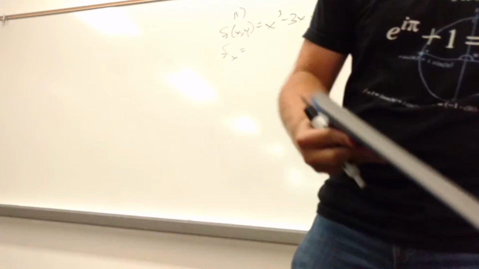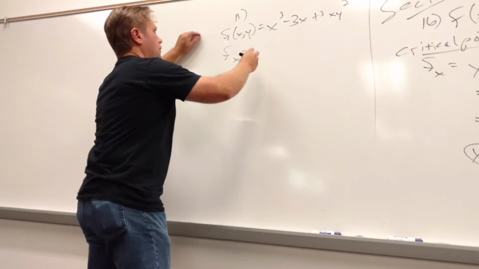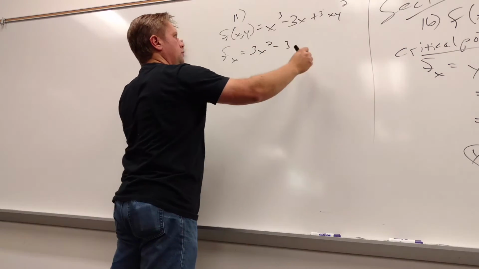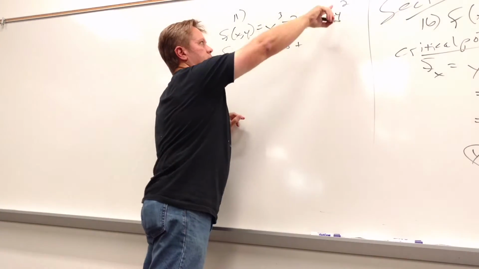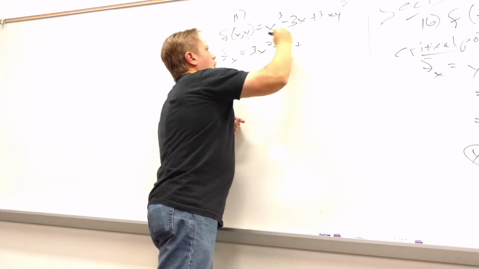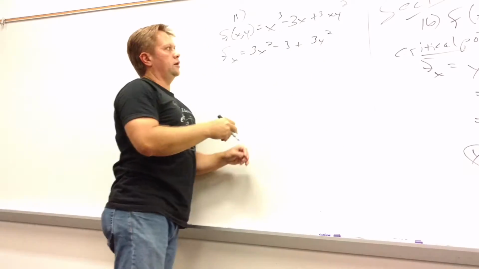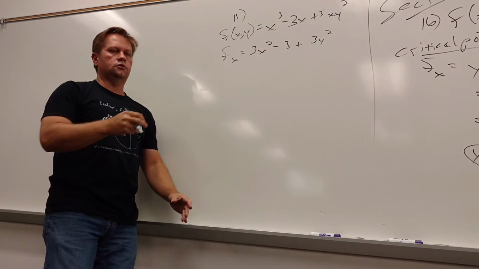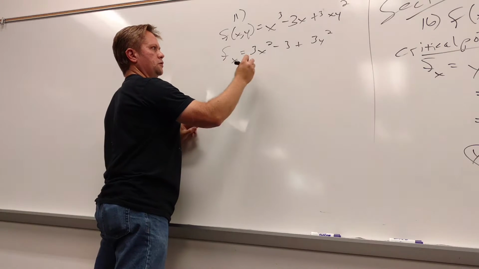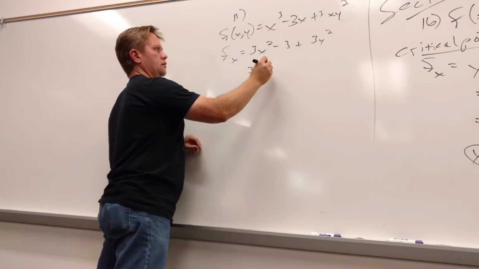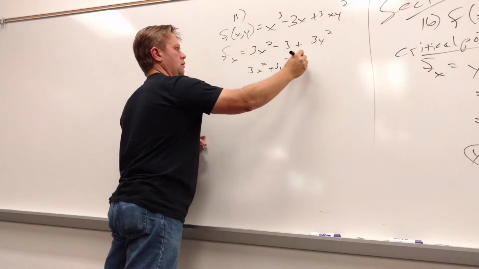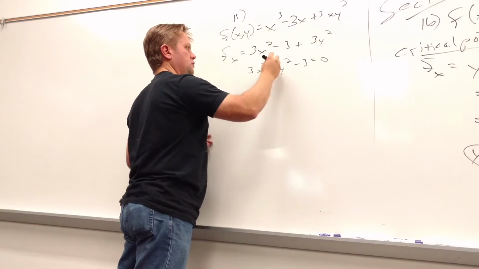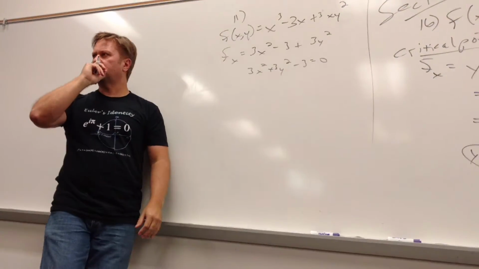Plus 3xy squared. fx is 3x squared minus 3 plus 3y squared. Is that cool? Yes. So where is this equal to 0? This is going to be interesting. This might be a little too interesting.